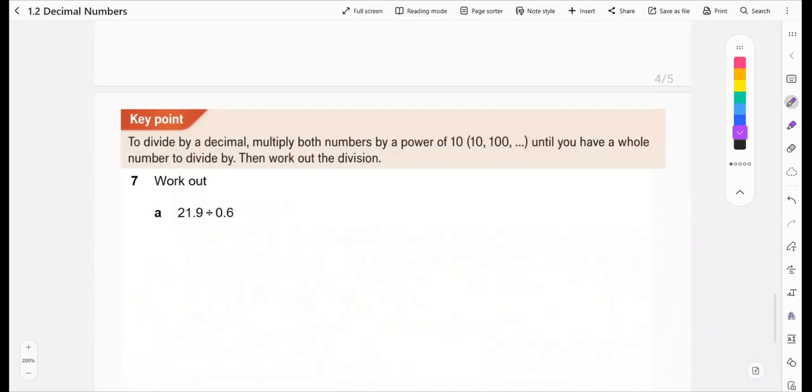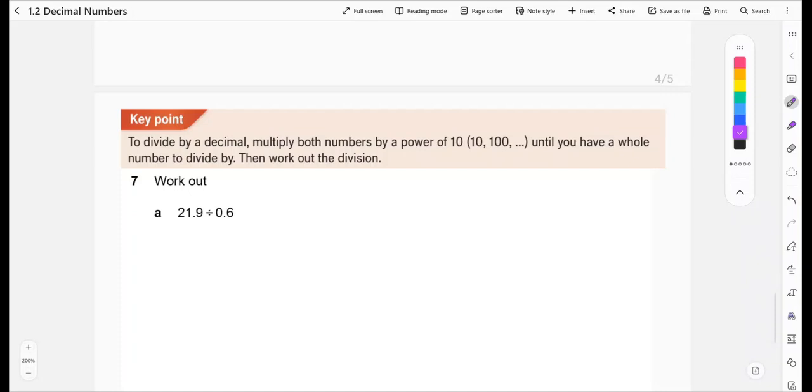And for our final set of examples, we're going to look at dividing by decimals. Now, in fact, you don't need to divide by decimals at all. You can manipulate the question to your advantage. If you multiply both numbers in the question by a power of 10, so by 10, 100, 1,000, or whatever, once you have a whole number to divide by, you can divide what you see and get the same answer.